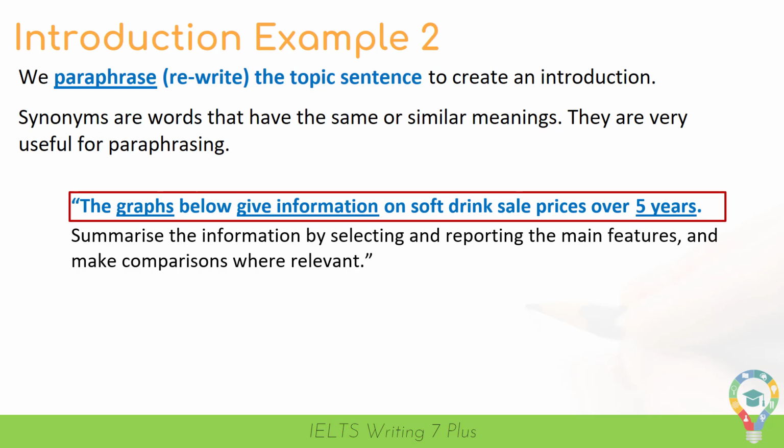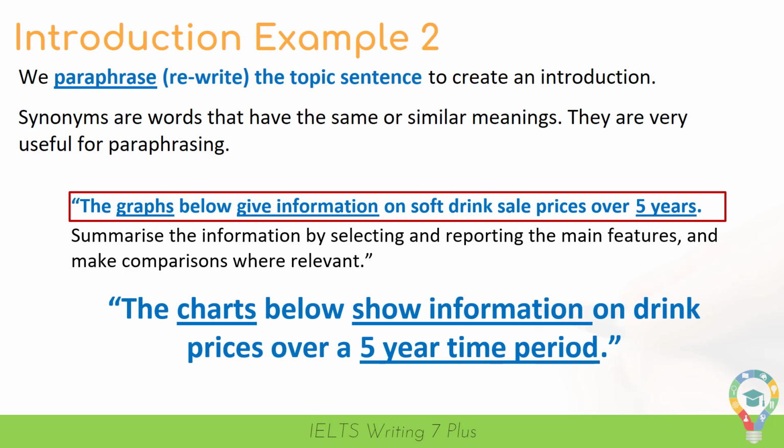So let's take a look at this sentence rewritten and paraphrased using a few synonyms. The charts below show information on drink prices over a 5-year time period. Instead of graphs, quite simply I've used charts, and you can do this too. Instead of give information, we have show information.